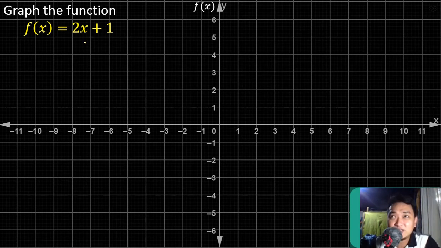Ang kagandahan nito kasi mas marami kang point sa graph, mas nagiging accurate yung linear graph natin. Kung halimbawa hindi ka pa kontento sa 2 point, gawin mo pang 3. Kung hindi ka pa kontento sa 3, gawin mo pang 4. Kasi mas marami kang point, mas tama yung graph mo, o kung mano-mano kang nag-graph, mas naging accurate siya. And then all you have to do now is to connect all those points whenever you solve for the function of x.